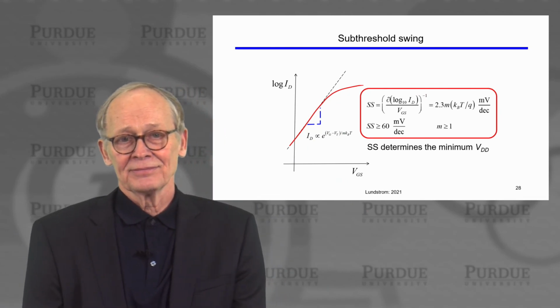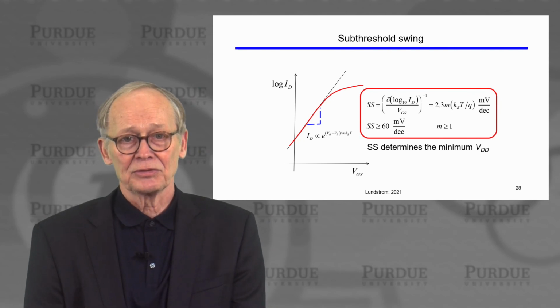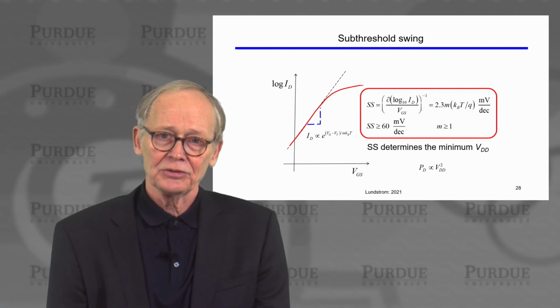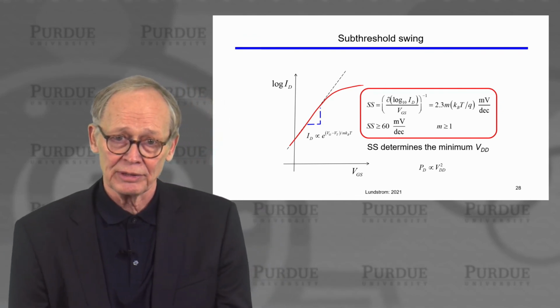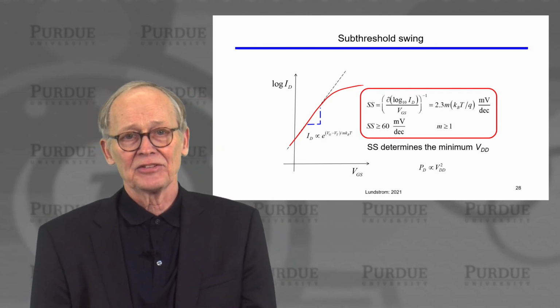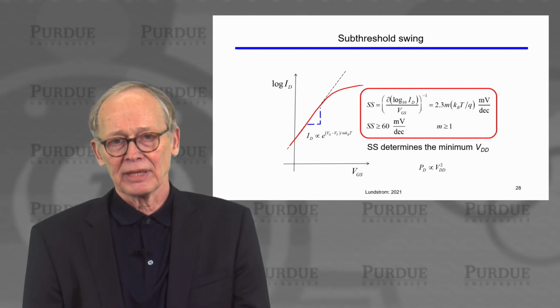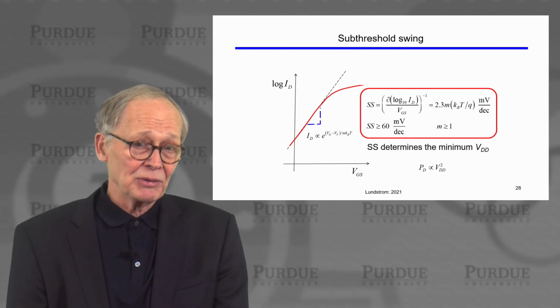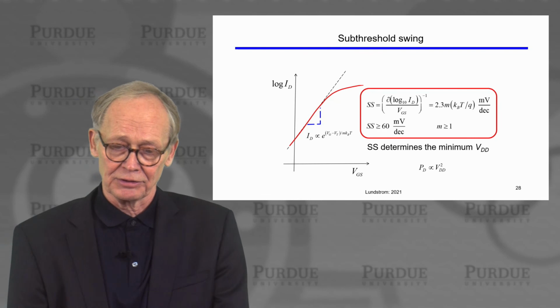Because remember, the dynamic power dissipation goes as voltage squared. The lower the voltage that we can use, the less power we dissipate, the more transistors we can put on a chip. And that is why, over the last several decades, power supply voltages steadily decreased until recently we've lowered them about as low as we can go in a silicon transistor.